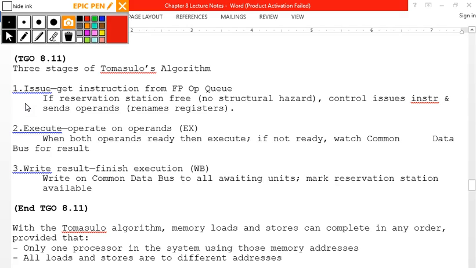So every instruction, you issue it, as a clock cycle, you execute the instruction when the reservation station becomes available, and then you write the result over the common data bus, and then you tell the rest of the architecture that the reservation station you were using is now available.